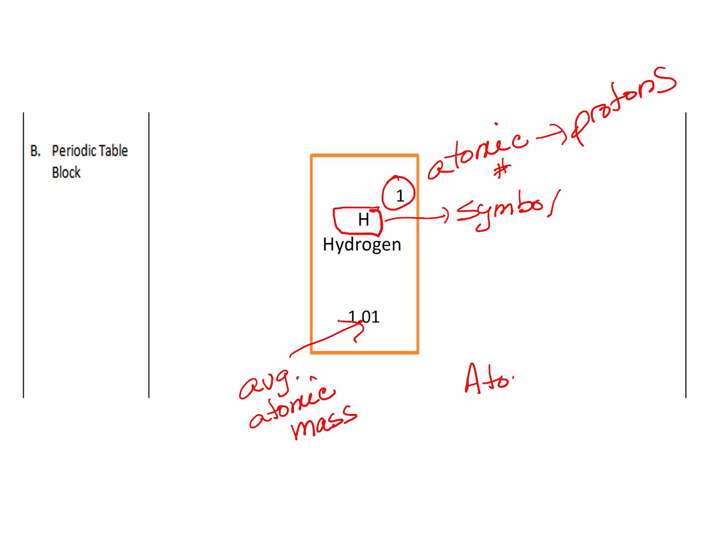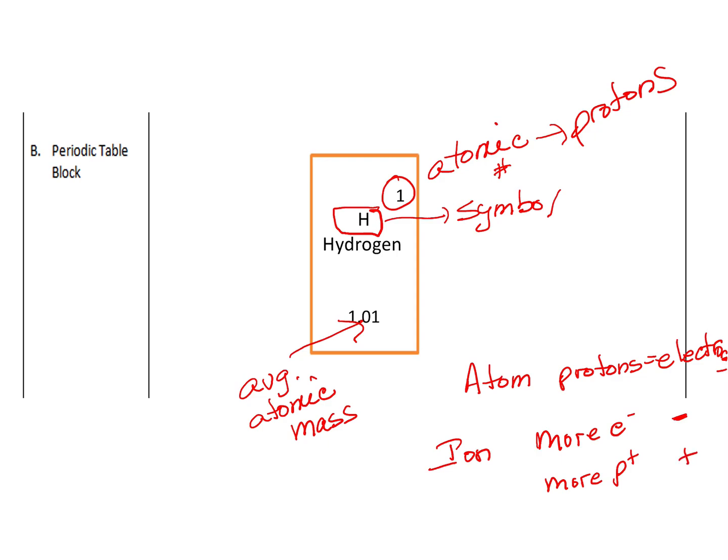Well, in an atom, your protons will equal your electrons, or your electrons will equal your protons. In an ion, you'll either have more electrons, and you will be negatively charged, or you will have more protons than electrons, and you will be positively charged.